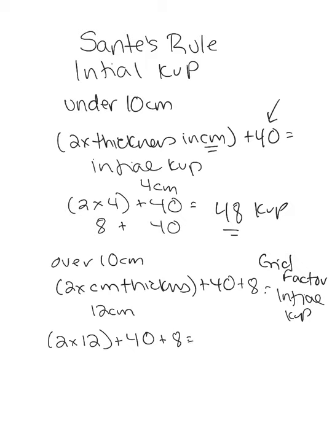So we have 24 plus 40 plus 8. You can do it in your head or plug it into a calculator, and you should come up with 72 as your kVP to start with for your 12 centimeter object.